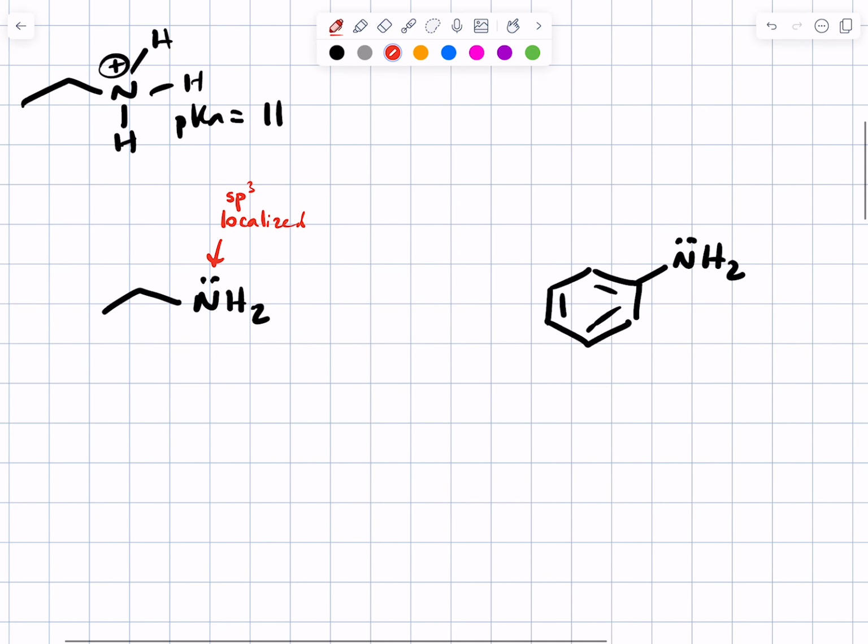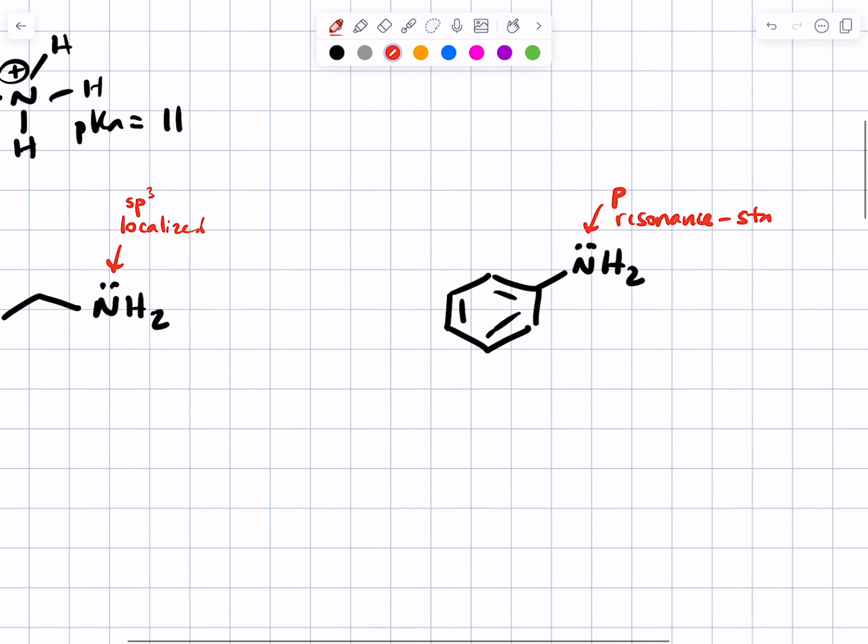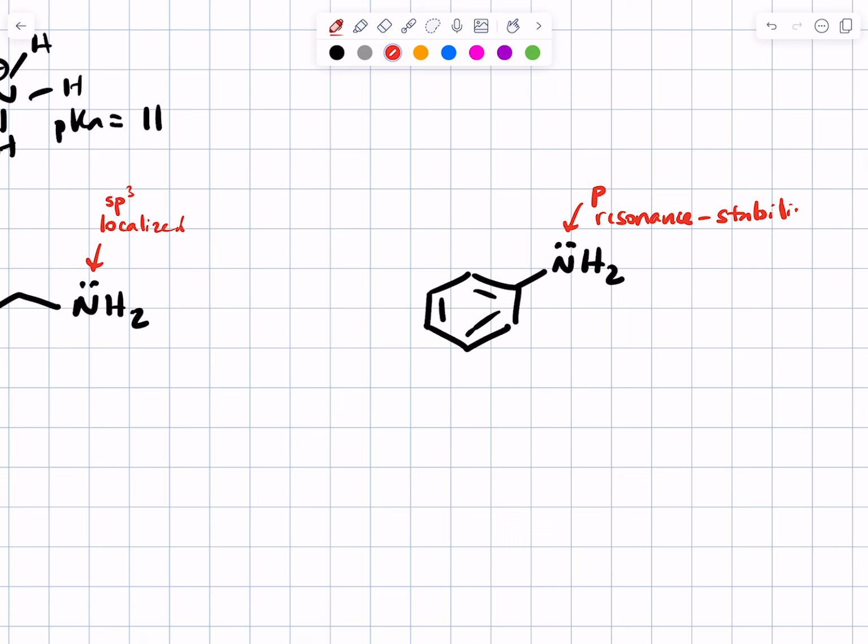In contrast, for the aniline, you would predict that the lone pair would be in a p-type orbital where it can be resonance stabilized, and the reason it's in a p-type orbital is because it's adjacent to the pi bonds of the aromatic ring. And I can draw some arrows to show you how that resonance delocalization would happen.